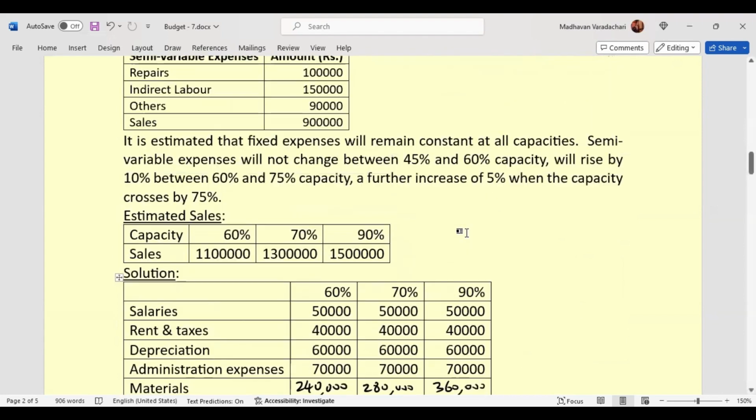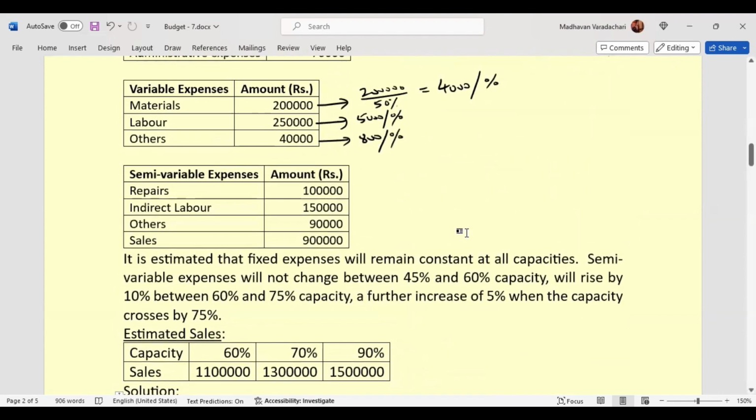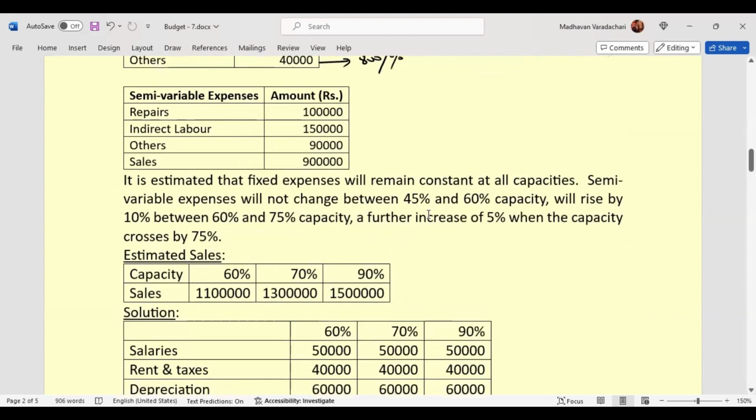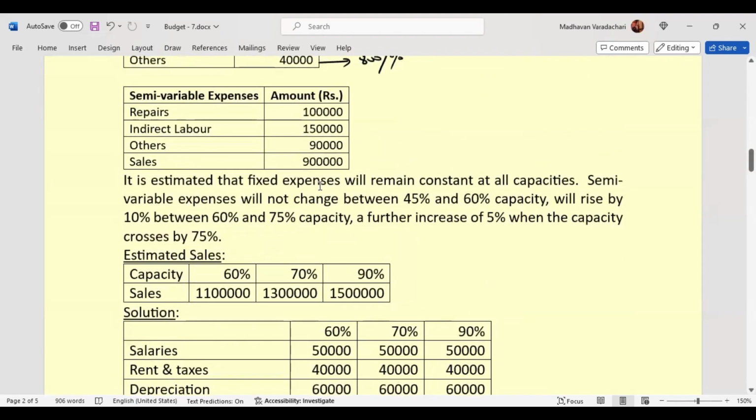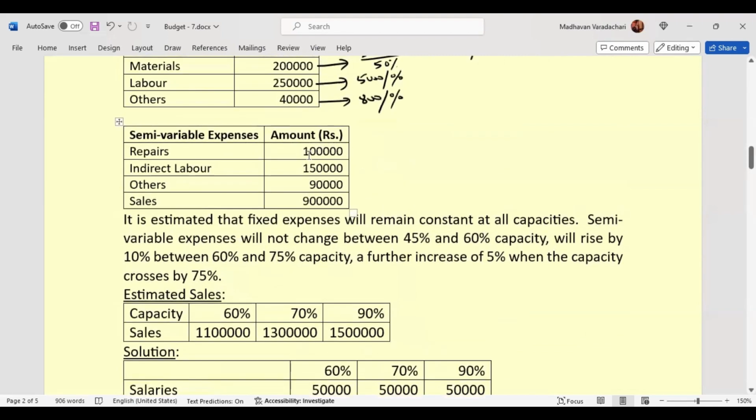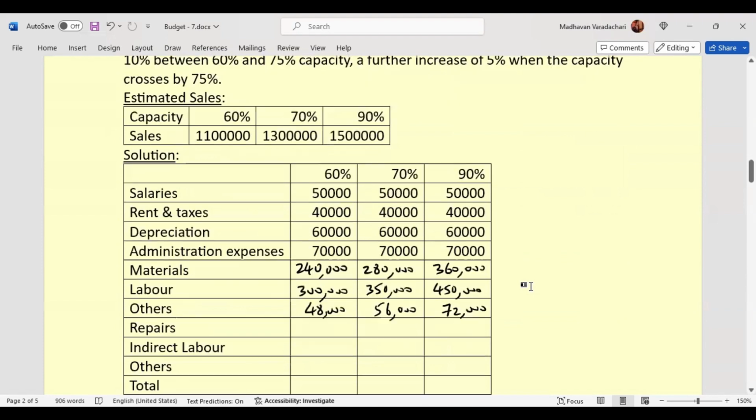Then next is repairs. This is for 50%. And then it says semi-variable expenses will not change between 45% and 60%, which means whatever is the repair here, same thing, means 1 lakh for the 60% one.